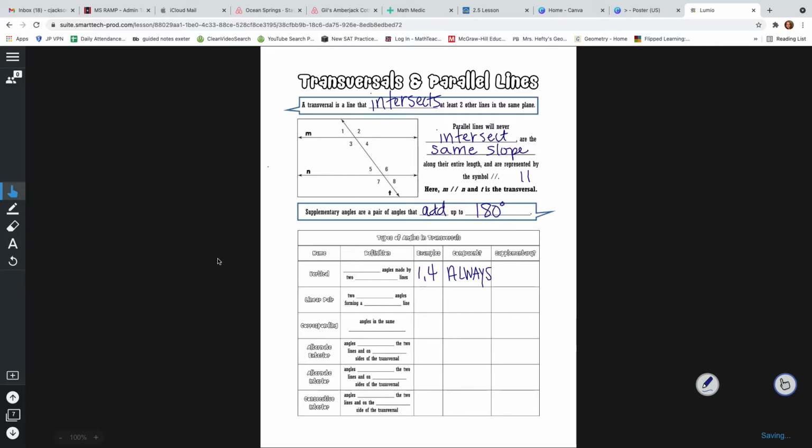They could be supplementary if they're both 90, but we're trying to determine in every single case, are they congruent or supplementary? M and N don't have to be parallel for 1 and 4 to be congruent, because if N's not there, 1 and 4 are still there.